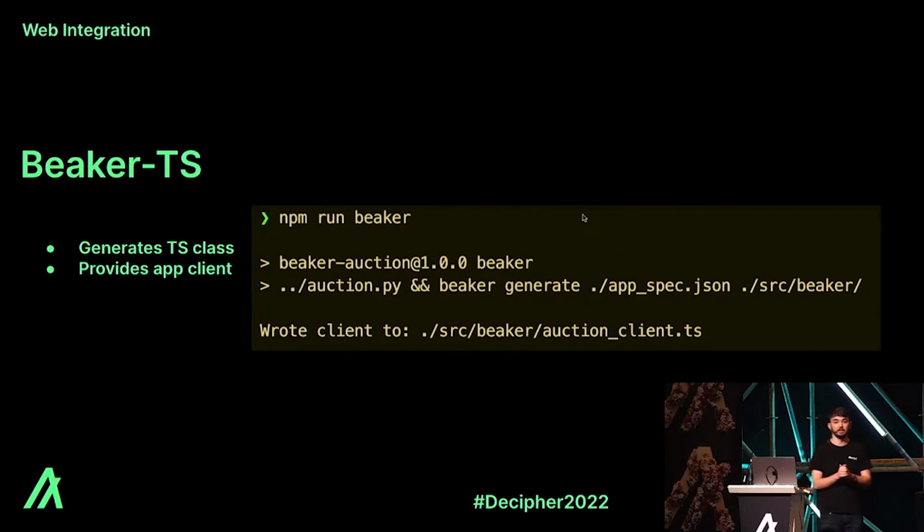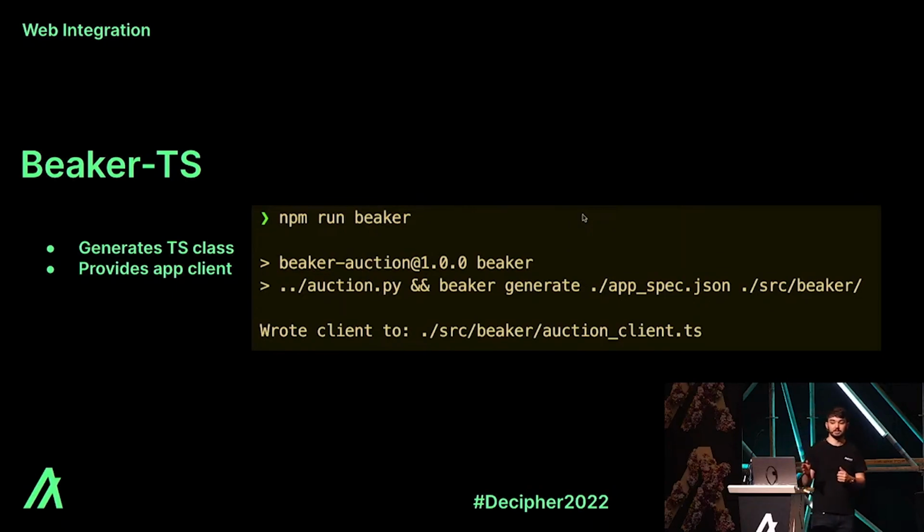And this is basically a JSON file that specifies what sort of functions are in the smart contract, what the compiled code is, what are the types, basically everything you need to know in order to interact with the smart contract and recreate the smart contract itself. So we use that application spec to then generate TypeScript code.